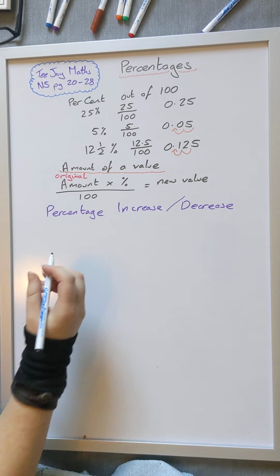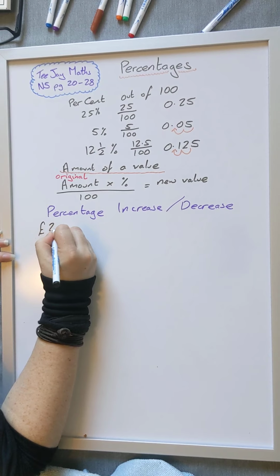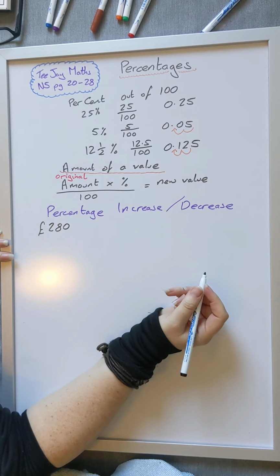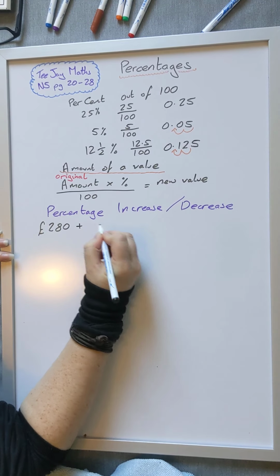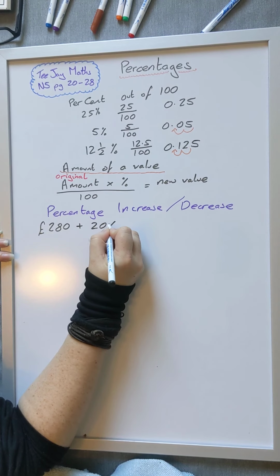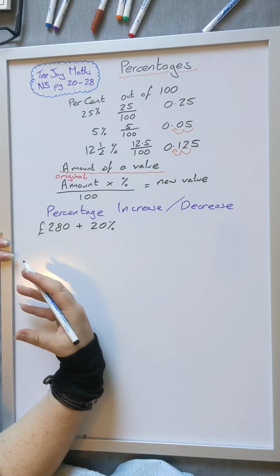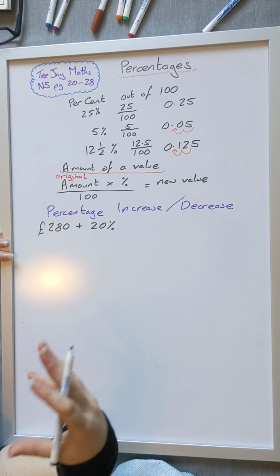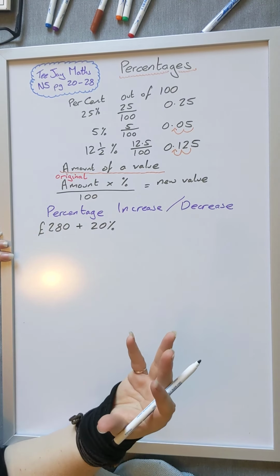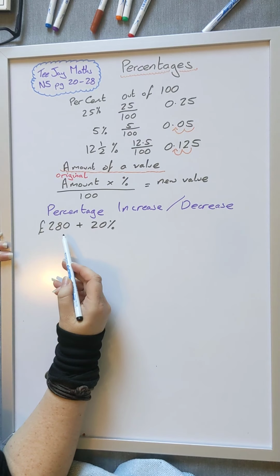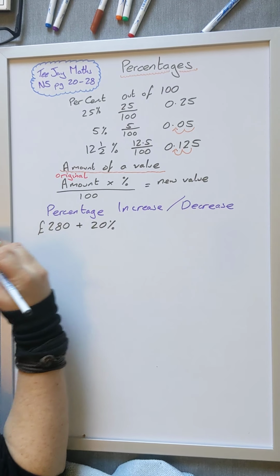So if, for example, we were given the price of a new TV was £280, plus VAT at 20%, so plus 20. We need to figure out what we've got before we figure out what we need to do with it. So we know the £280 is 100%.